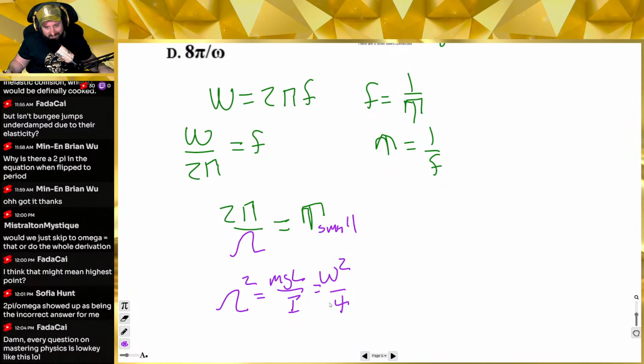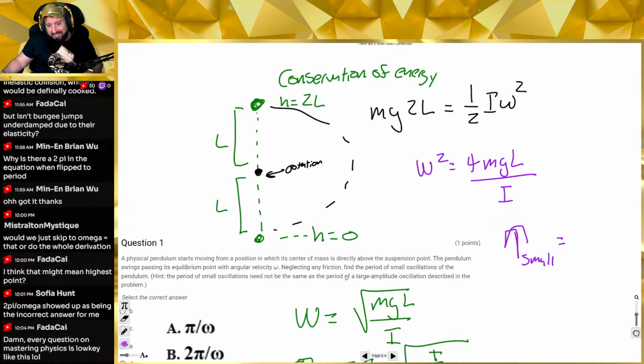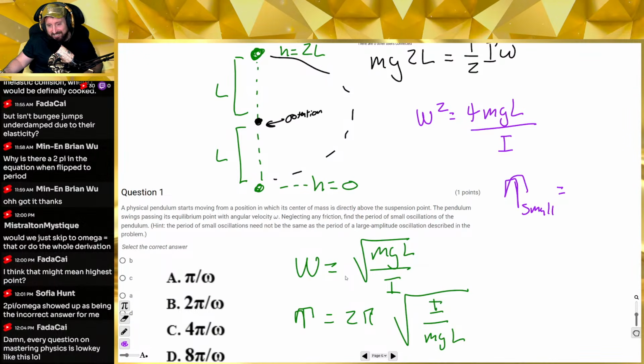Is it? Yeah, well, that sucks. I don't like this. Wait. The pendulum swings past its equilibrium point with a velocity omega. Okay.